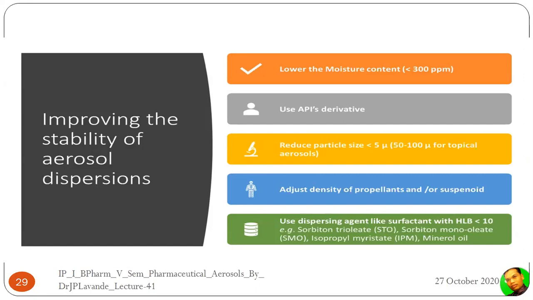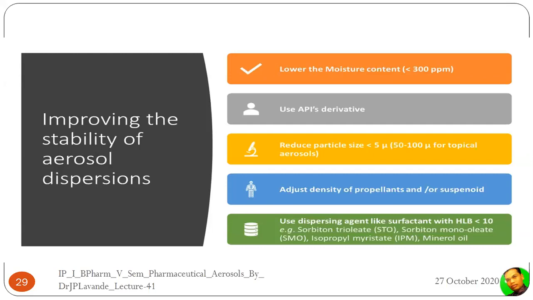First, we may lower the moisture content to less than 300 parts per million. Then we can use derivatives of the active pharmaceutical ingredients. Sometimes we may reduce the particle size to less than 5 micron, or 50 to 100 micron for topical aerosols.